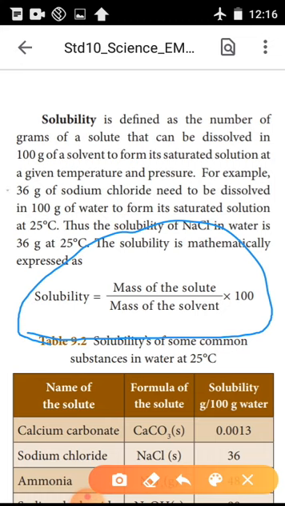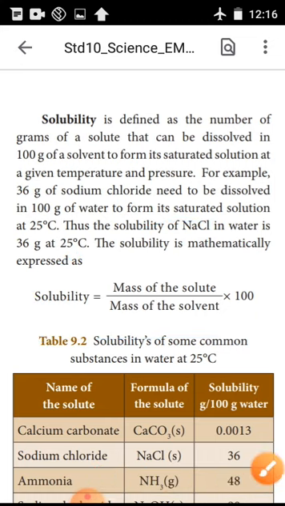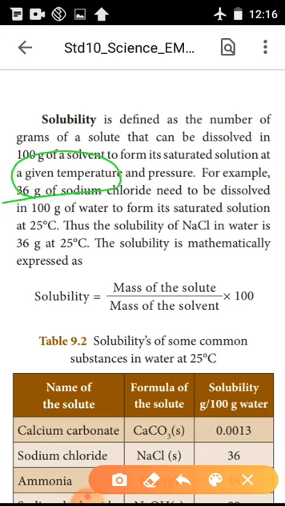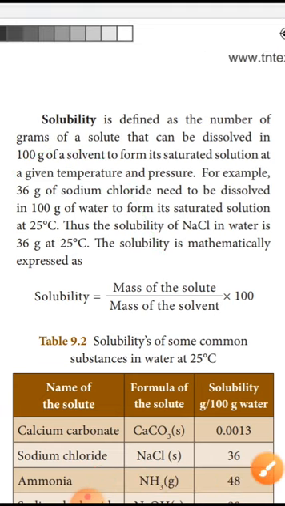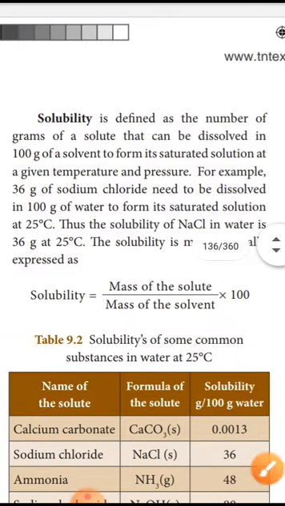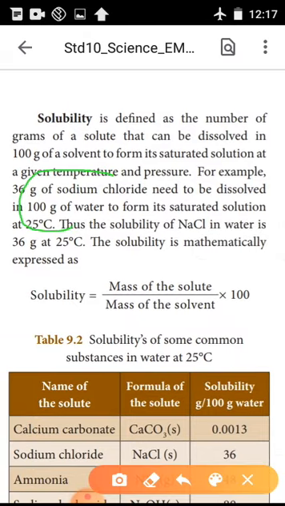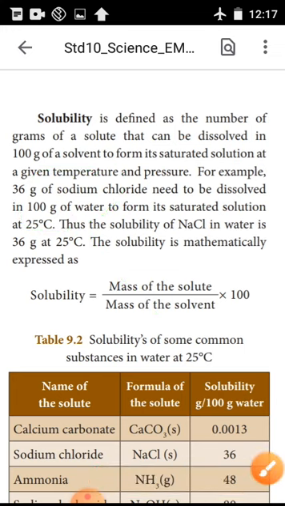We are taking 36 gram of sodium chloride, that is the mass of solute, divided by mass of solvent, 100 gram of water, into 100. So the solubility formula is mass of solute divided by mass of solvent into 100.